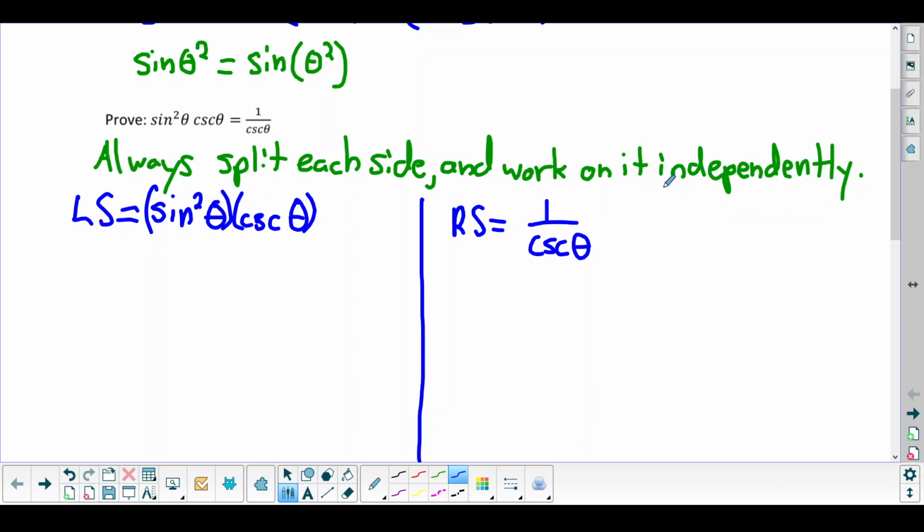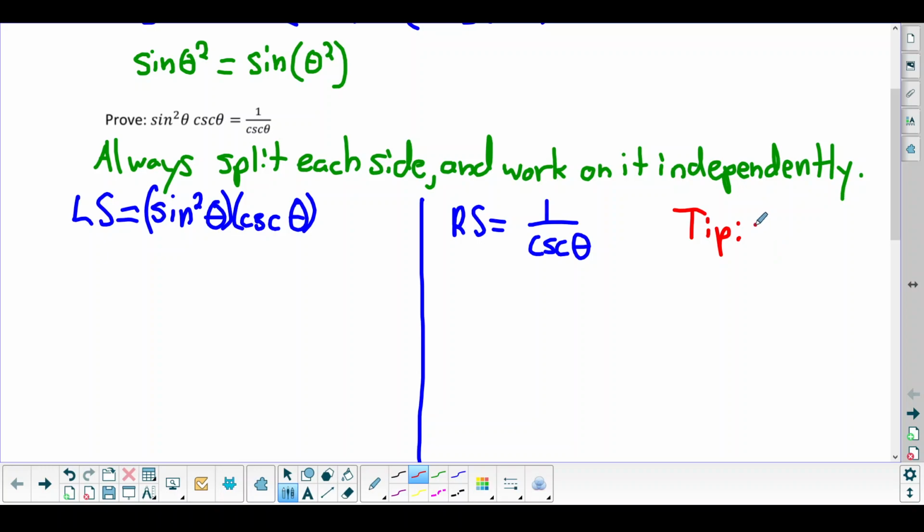All right. So how are we going to show these are equivalent? One of the first things we'll do in all of our questions is rewrite everything in sines and cosines. Okay, so that's our tip. I'm going to write that as a tip off to the side. It's not always absolutely necessary, but it often makes it a lot easier.